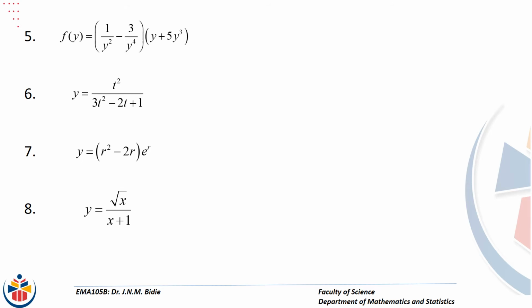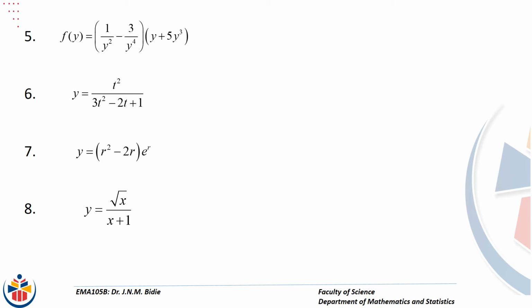Number 5 up to number 8 require a bit of simplification and a bit of timing, because for number 5, you may just simply do your multiplication and come up with a polynomial and then find the derivative of the polynomial, or you use a product rule.